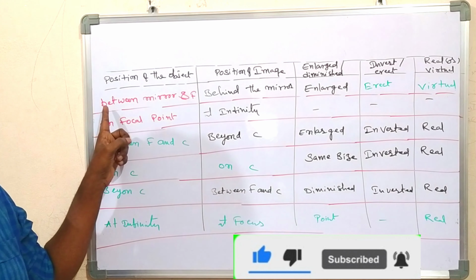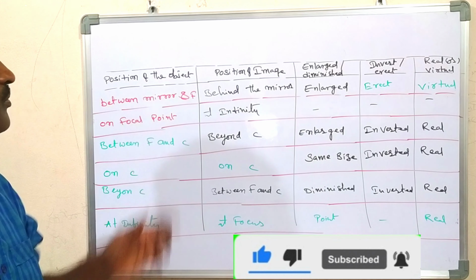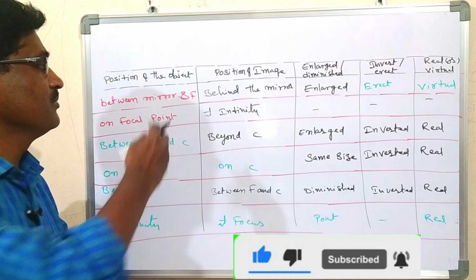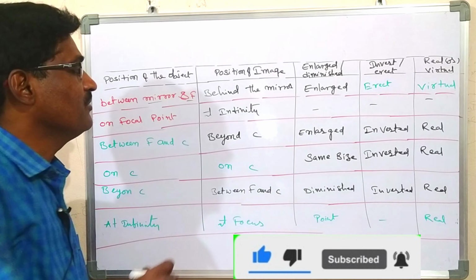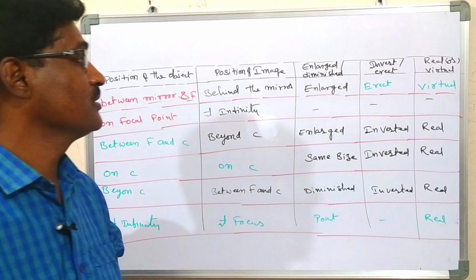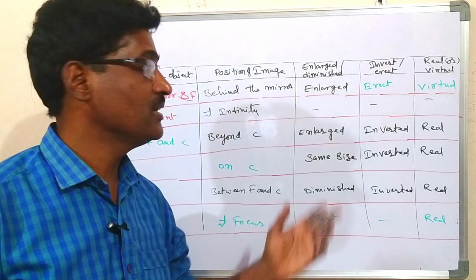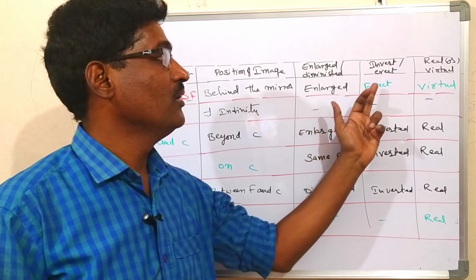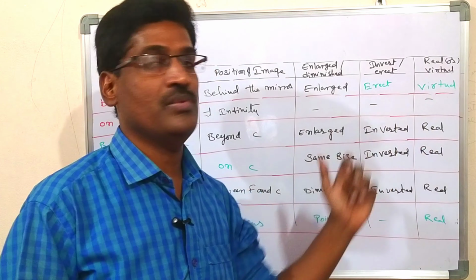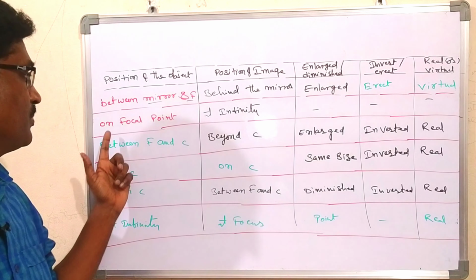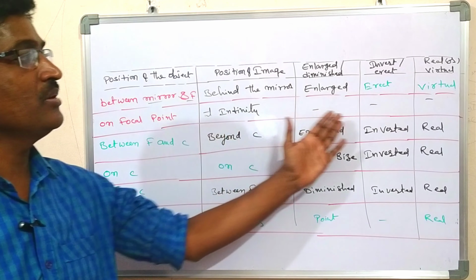First one: the object is placed between the mirror and F. The image is formed behind the mirror. The nature of the image: enlarged, erect and virtual.